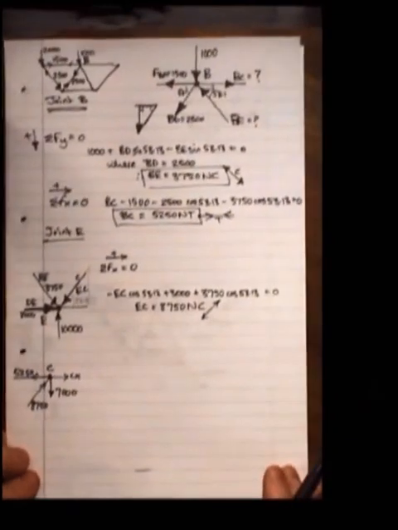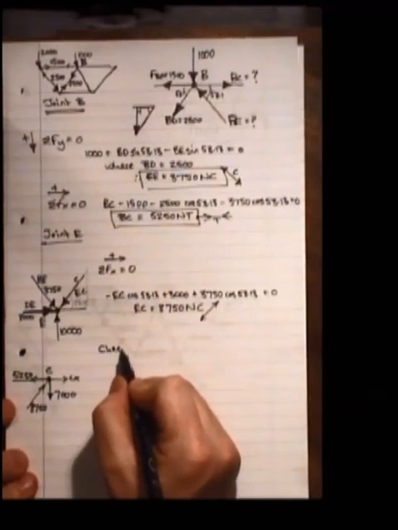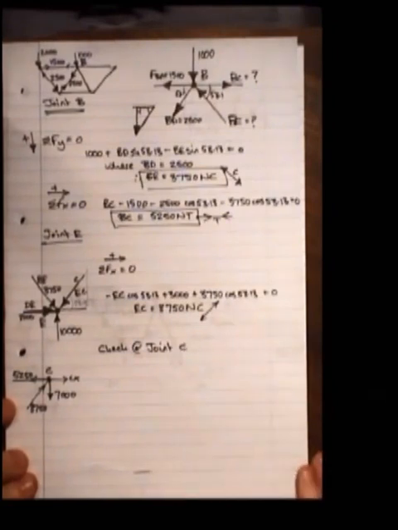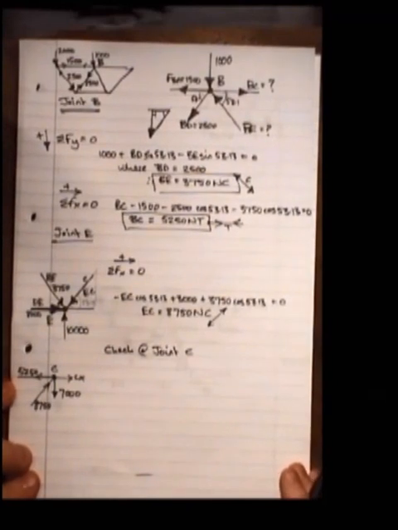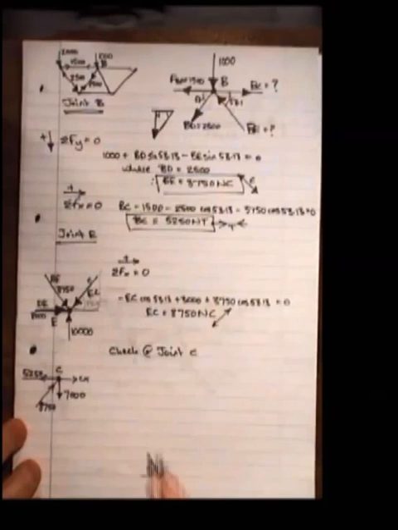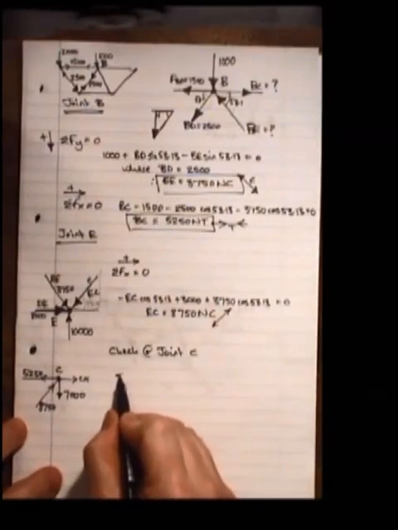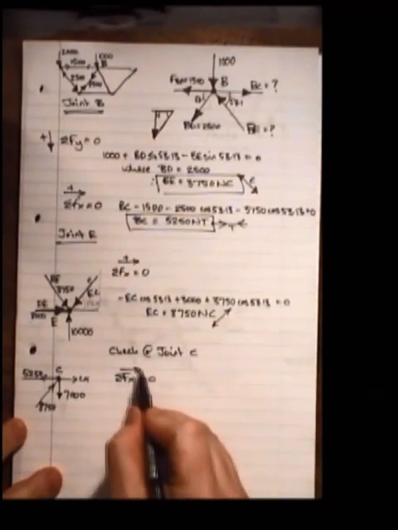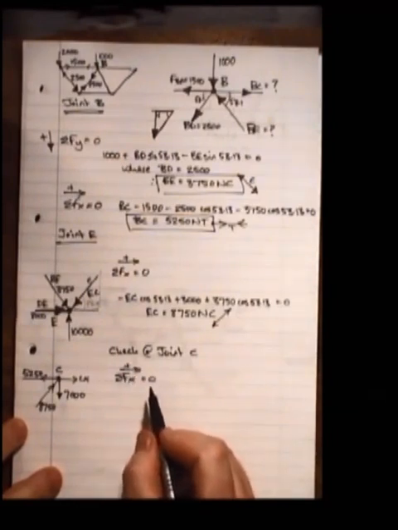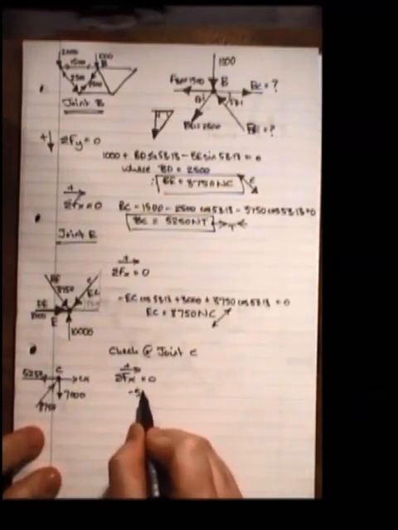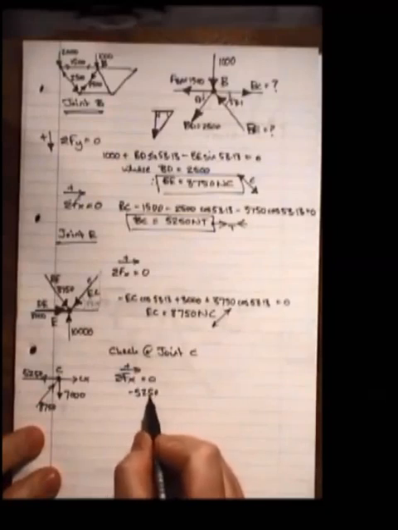So if we do our check at joint C, first we'll sum the forces in an x direction. Everything going that way is going to be positive. So we've got this 5,250 going to the left, so it's minus.